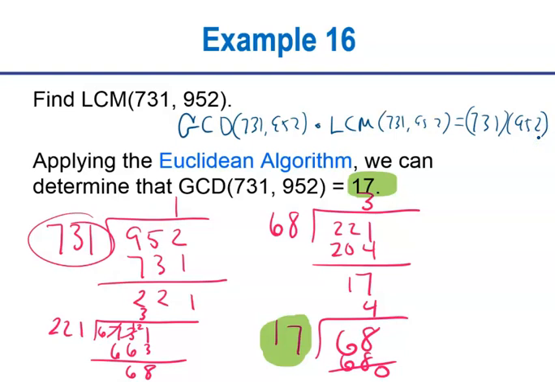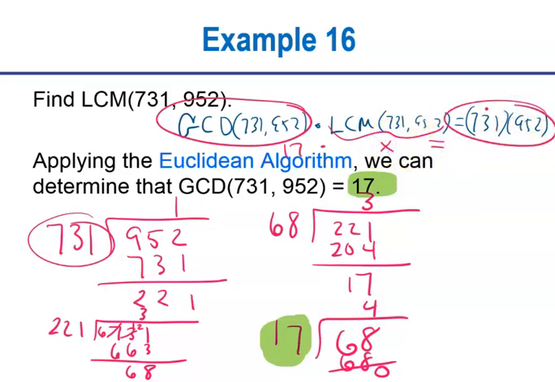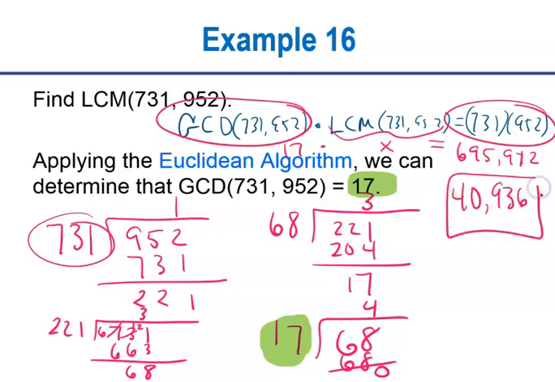So we could substitute the greatest common divisor we've already found. So all of this is 17 times, we don't know this, I'm going to call it x, is equal to, and then we can multiply 731 times 952. Let me do that now. I get 695,912. How would I solve for x? By dividing by 17. So we've got 40,936.